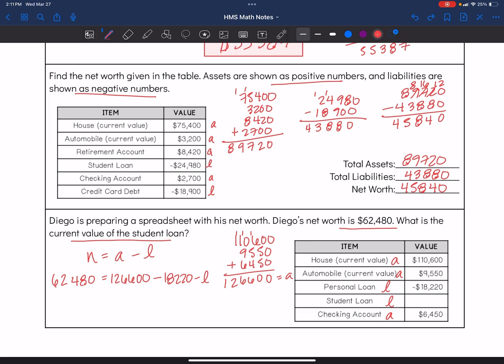So find some room here. I'm just going to do it right here. 126,600 minus 18,220. Doing more borrowing. Not so bad. 5 minus 2 is 3.